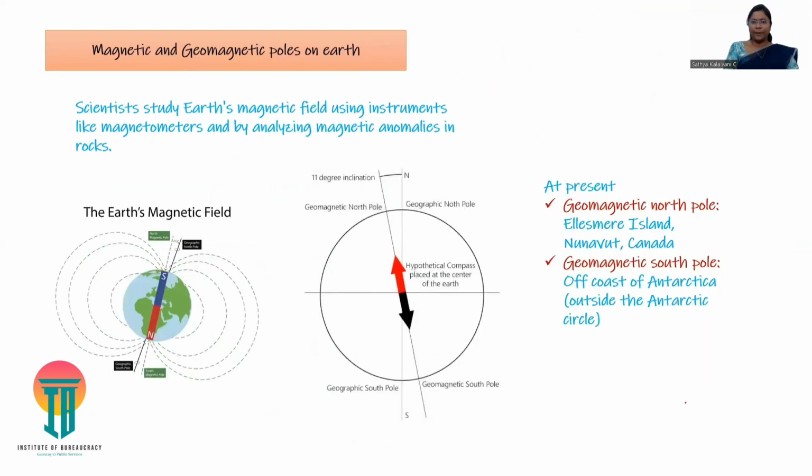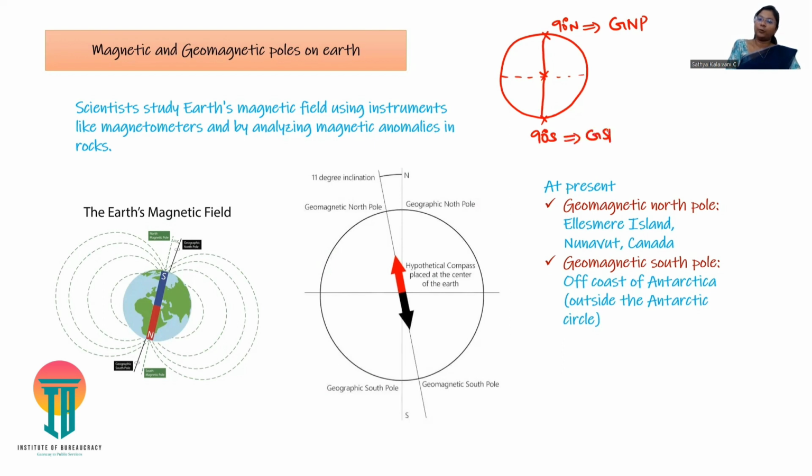Since we described this, as far as Earth is concerned, the geographical north pole and geographical south pole need not necessarily be the magnetic north pole and magnetic south pole. We all know, if this is my equator, 90 degrees north from the center of the Earth is the geographical north pole. Similarly, 90 degrees south from the center of the Earth is the geographical south pole.